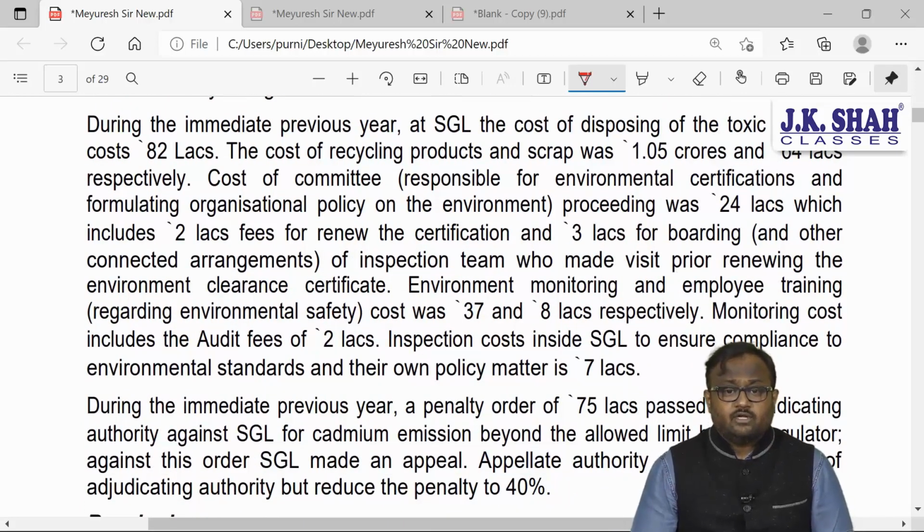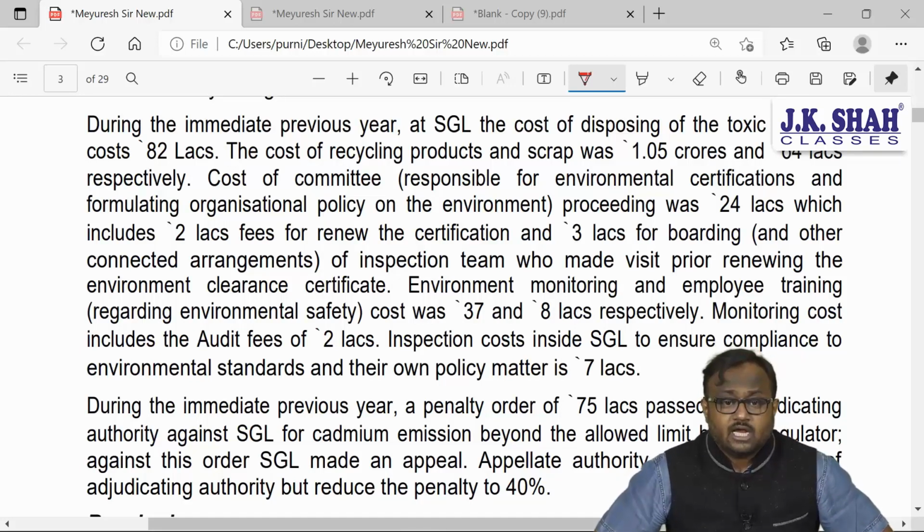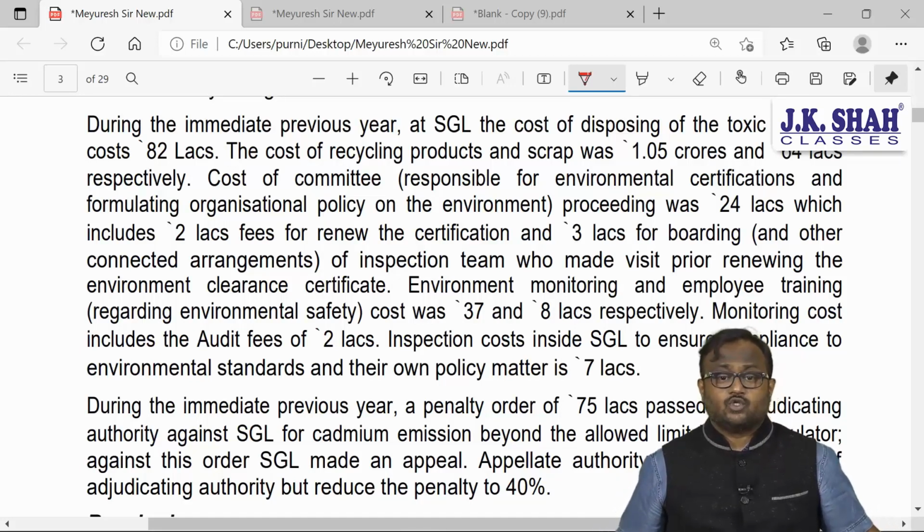During the immediate previous year, at SGL, cost of disposing the toxic material was rupees 82 lakhs. The cost of recycling products and scrap was 1.05 crores and 64 lakhs respectively.